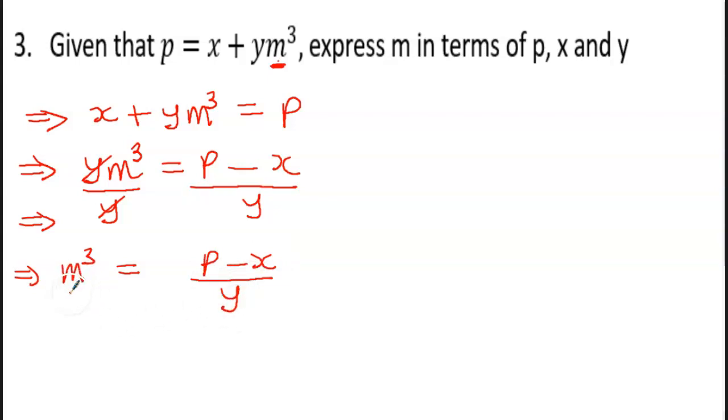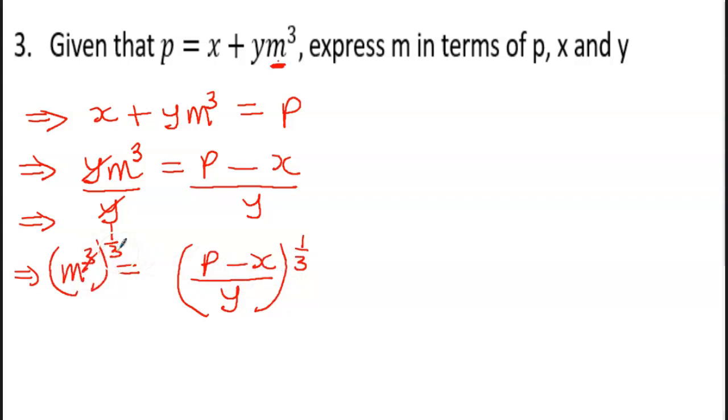We have to make m the subject, not m cube. And as I explained in the first question, if the variable is raised to the power 3, then we need to take the cube root, that's raising both sides to the power 1/3. Whatever you do on the left hand side, you do the same thing on the right hand side.